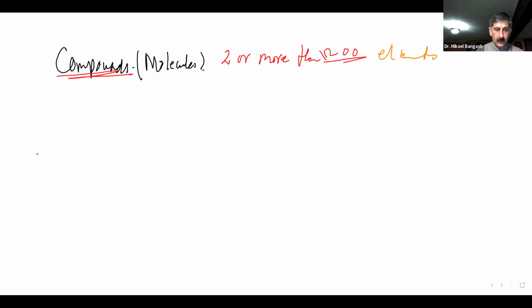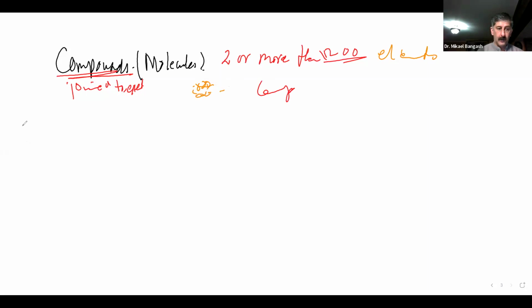And that's why, to make a compound, they will be joined together. So these different elements, X, Y, Z number of them, when they join or bind with one another, that new product is what we'll call a compound.